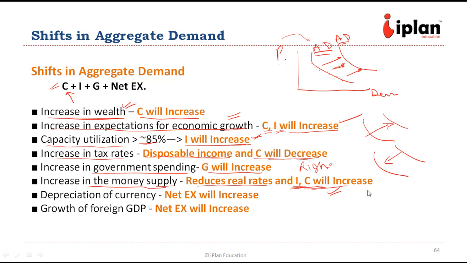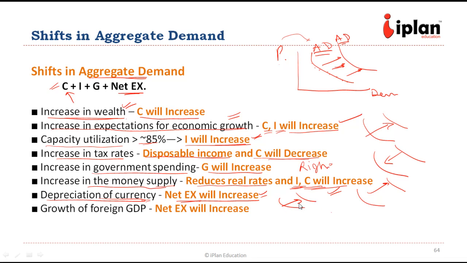If the currency is depreciated, the exporters will become more competitive in the international market. As a result, the exports will increase and the importers will be discouraged. Imports will decrease. Net export minus import will increase. So net export minus import is part of our aggregate demand. So aggregate demand will go up and the shift is rightwards, upwards.